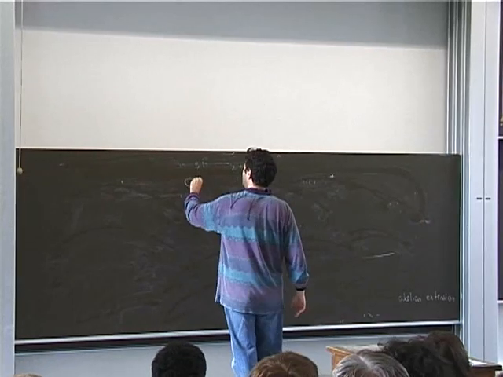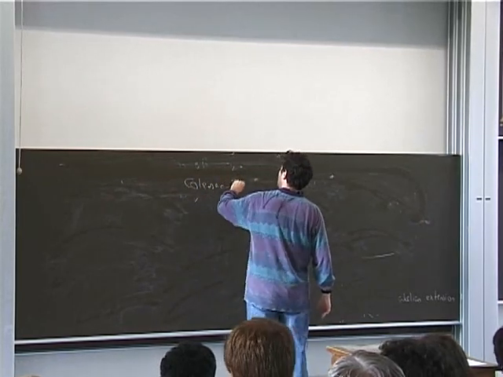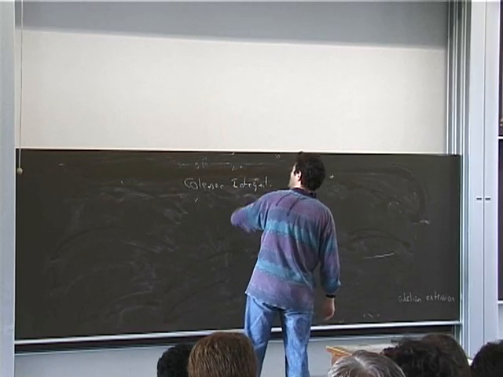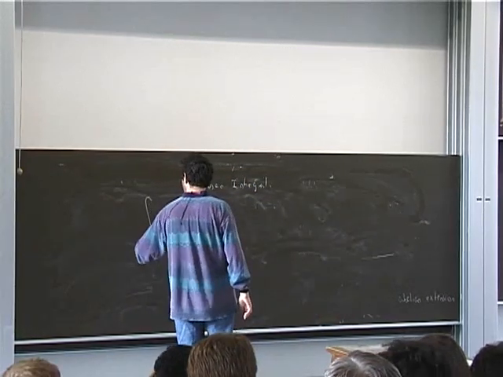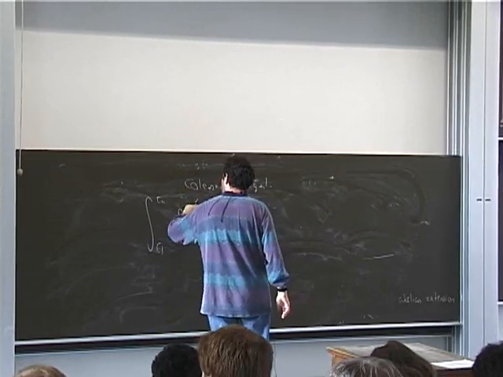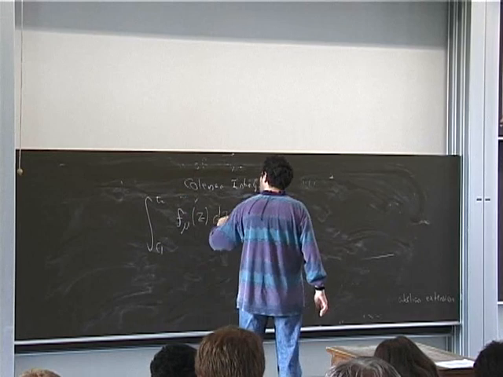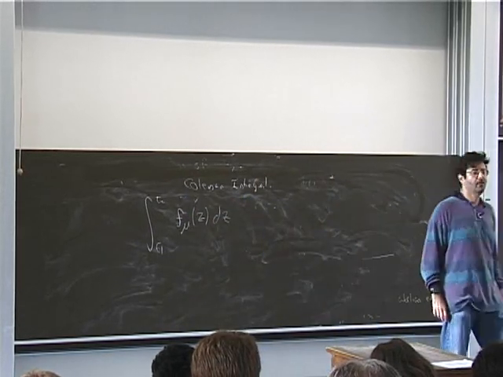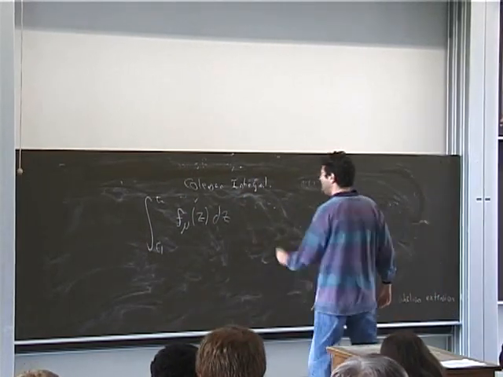So you have this Coleman integral, which is simply the following thing. You want to integrate from two points, tau 1 to tau 2, the rigid analytic modular differential associated to a measure mu. You want to write the integral from tau 1 to tau 2 of f_mu(z) dz.